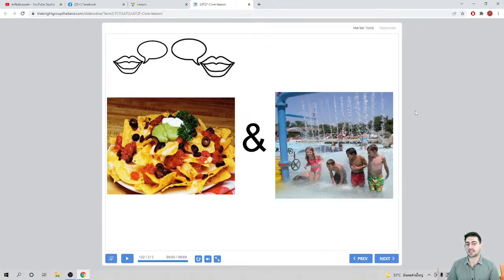I have eaten nachos and you could say I have swum at the water park, or I have played at the water park. I have eaten nachos and I have played at the water park.